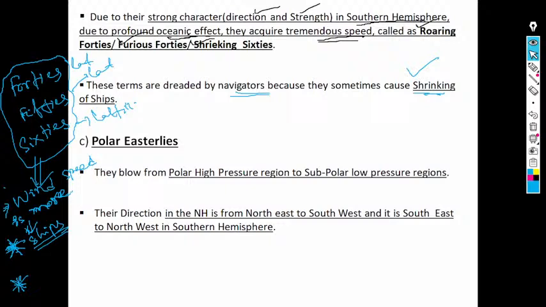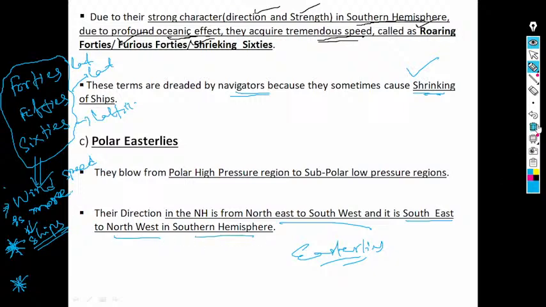The direction in the northern hemisphere is from the northeast to the southwest. Exactly where is the mark? Easterly is the same direction it is maintaining. Northeast to southwest, and southeast to northwest in the southern hemisphere.